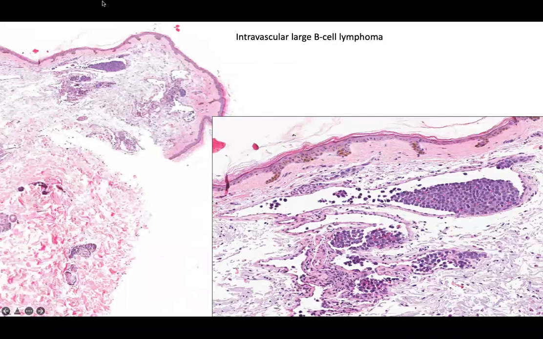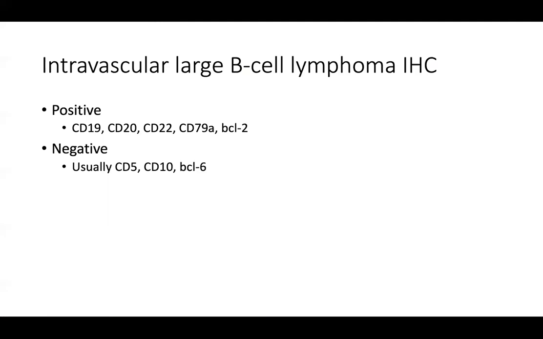From low power on the top left, you can see some type of aggregation of lymphoid cells within the lumen of a vessel. And on higher power, you can really appreciate the aggregation with some single dispersed cells throughout the lumen. Intravascular large B-cell lymphoma can be worked up immunohistochemically.